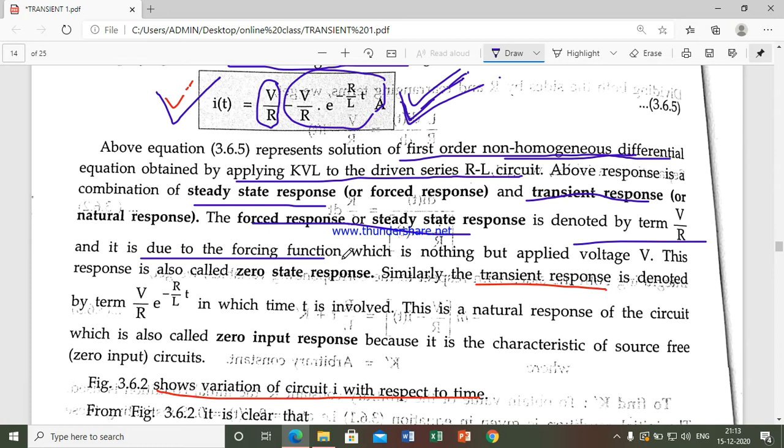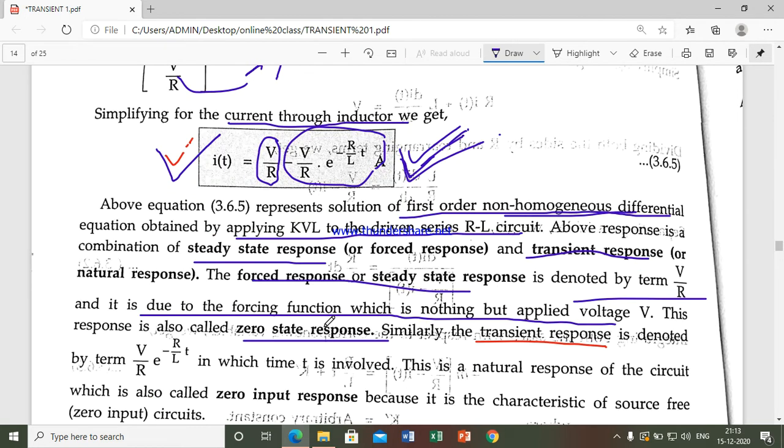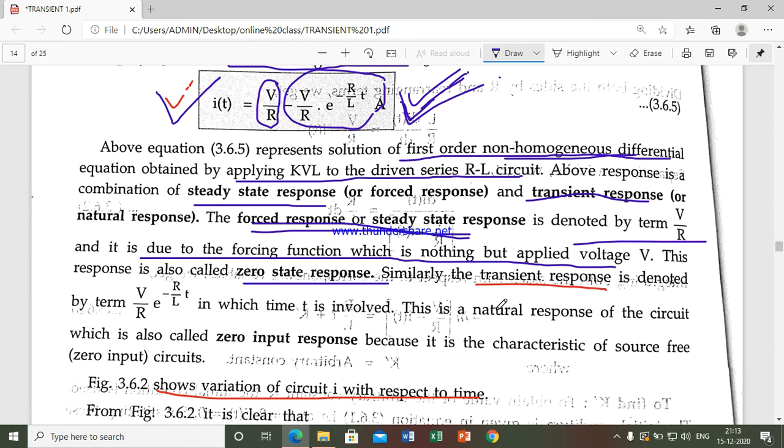It is due to the forcing function, which is nothing but the applied voltage V. Whatever V by R term we have considered is the forced response. You can call this a steady state response. This response is also called a zero state response.